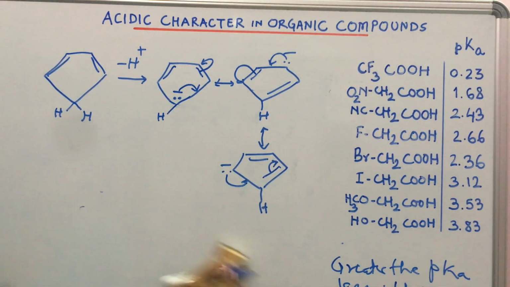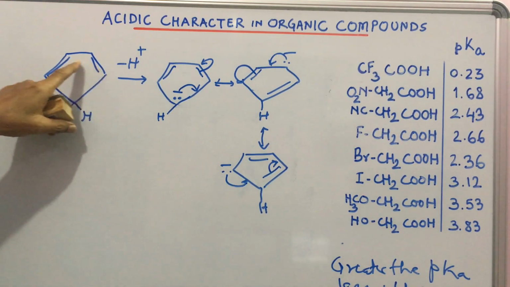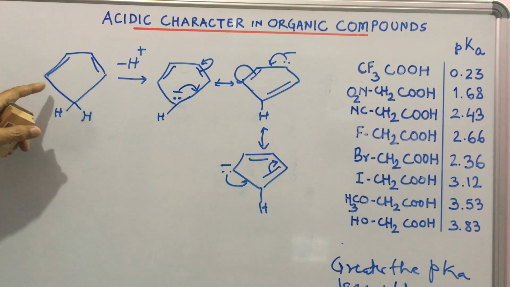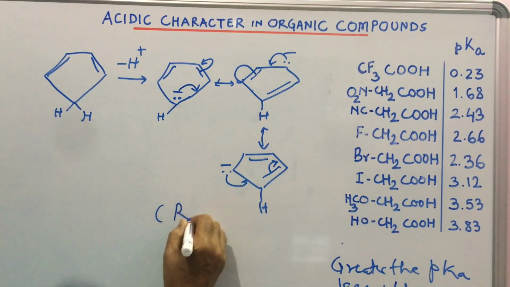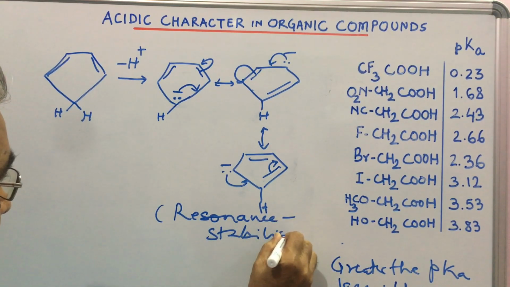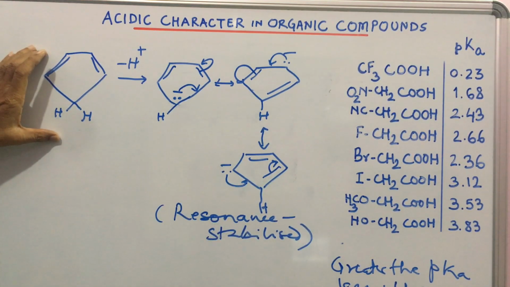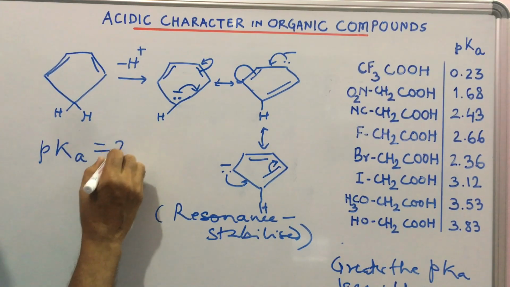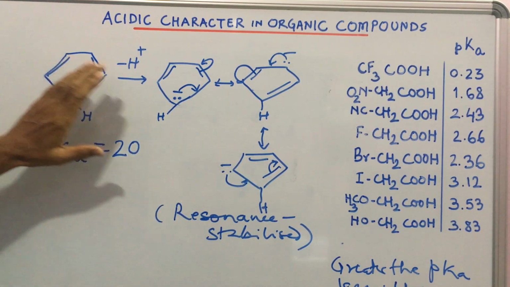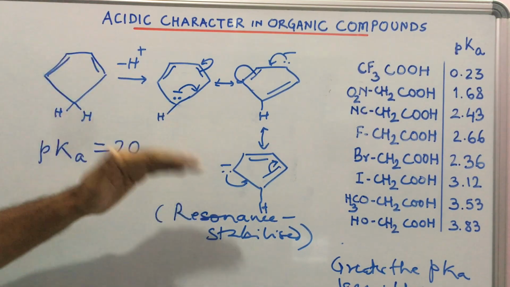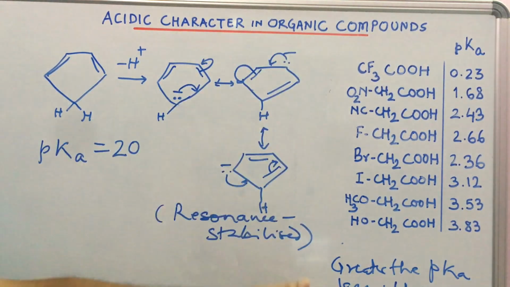You can write 2 more structures. Here there is no stabilization at all, only 2 double bonds, sextet is not formed, no delocalization of that type. So, this is more stabilized than the compound itself. And this compound is acidic, though weak acid, yet it is acidic. This way you can judge which compound is acidic or not. In the next, we will take these examples and show how the acidic character increases or diminishes.